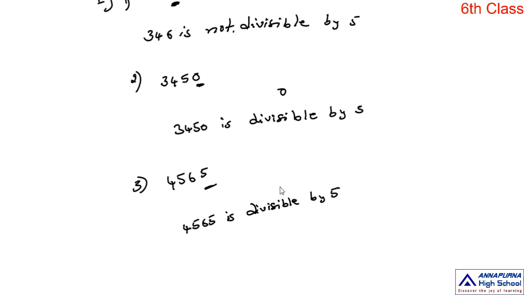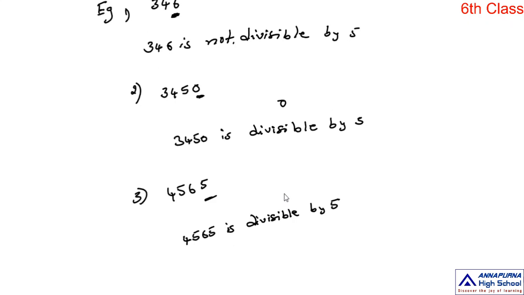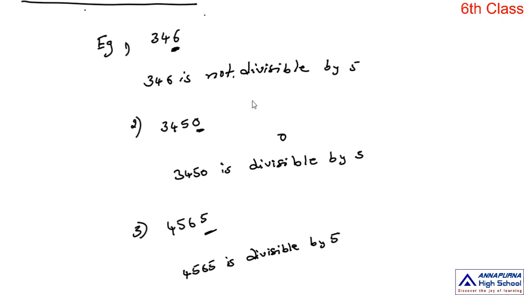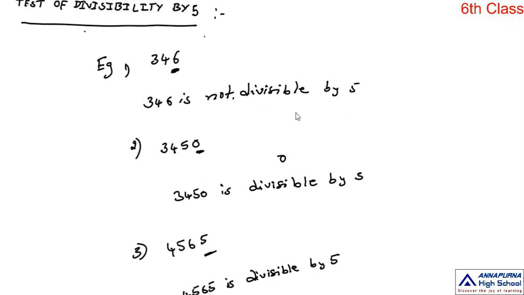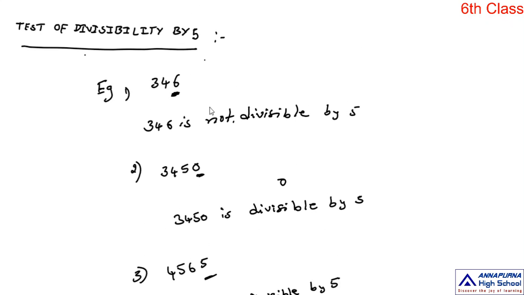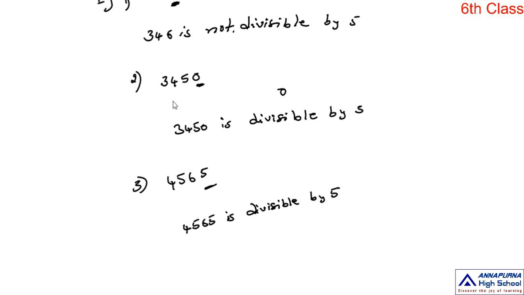Okay, now children, in these three examples we observe which one is divisible by 5 and which one is not. Here in 346, the units place is 6. That's why 346 is not divisible by 5. Next one, 3450. What is the units place in this number? 0.